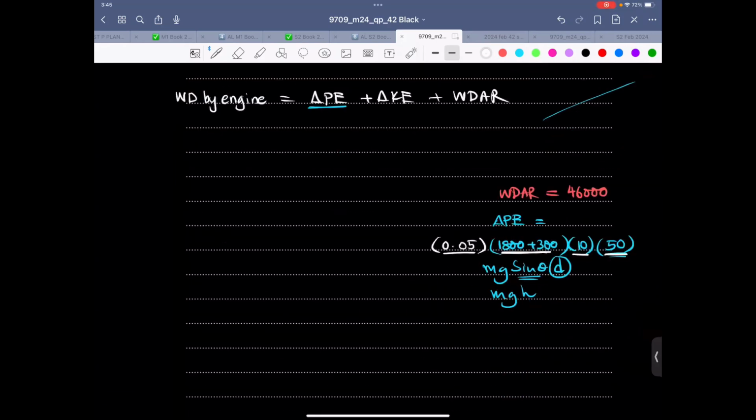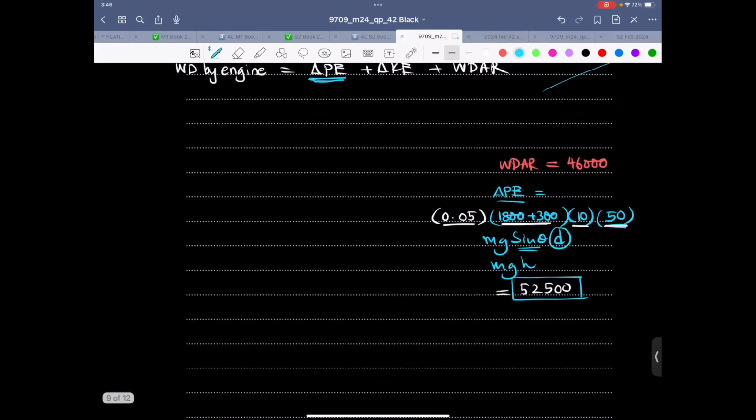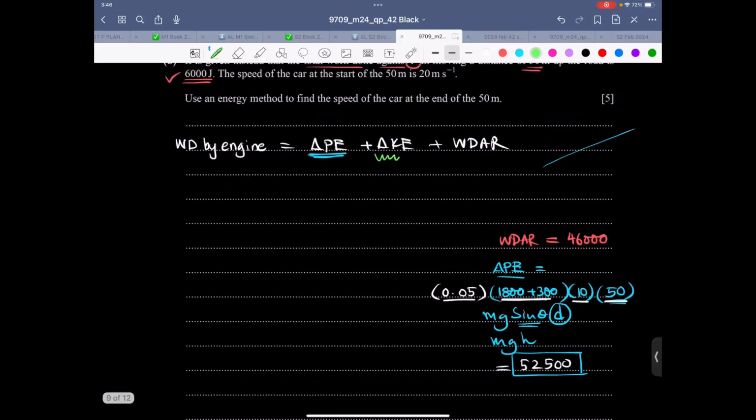Now, when we multiply it out, that is 2100 into 10 into 0.05 into 50, that comes out to be 52,500. Let me write this in blue so that we know that this is change in potential energy. What about the change in kinetic energy?